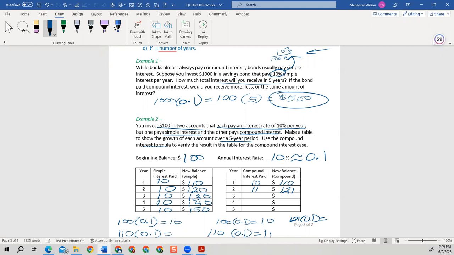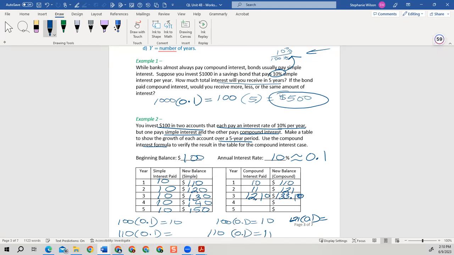I was just double checking. So it gives me $12.10. I'm going to add that $12.10 to that 121, and we get 133.1, or you can put 10 cents there.